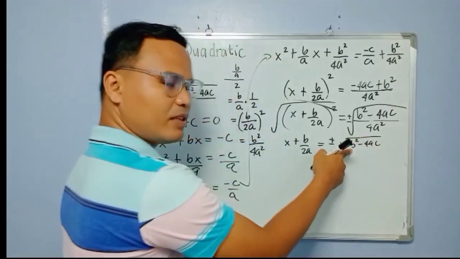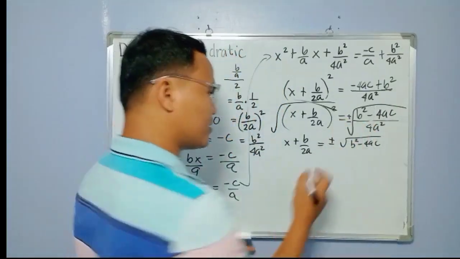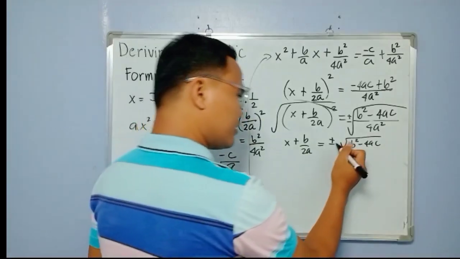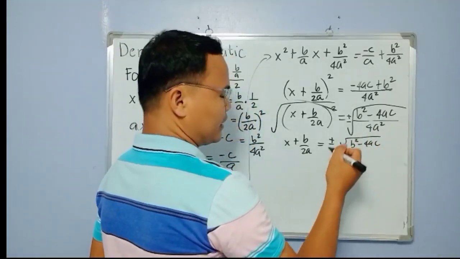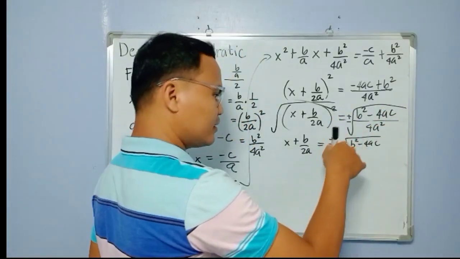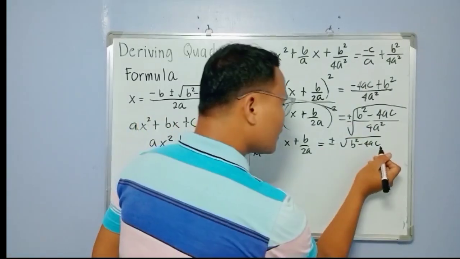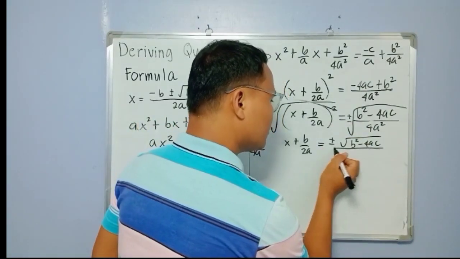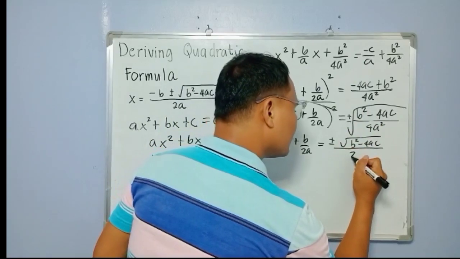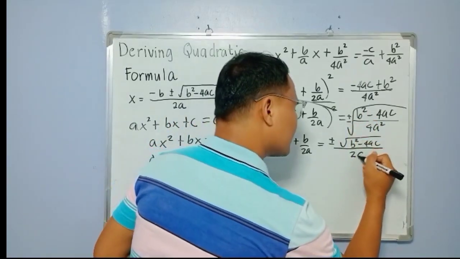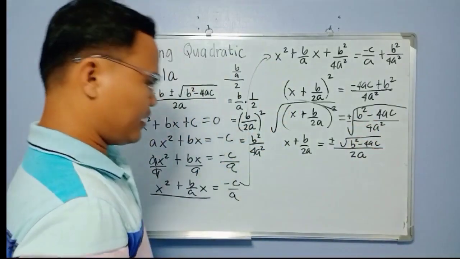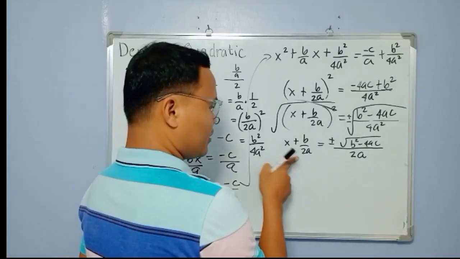We cannot get the square root of b squared because we have here minus 4ac, so it remains inside the radical symbol, all over, what is the square root of 4? That's 2. The square root of a squared, that's a. Okay? Then solve for x.